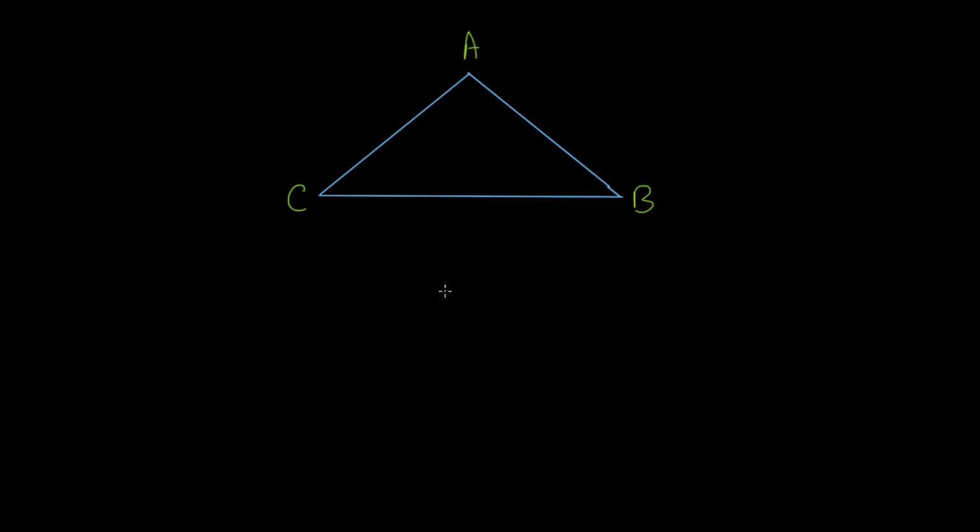Since this is the angle A, the side opposite should also be side A. Since this is angle B, the side opposite should also be side B. Since this is angle C, the side opposite should be side C. So I think you get the point. We should have the angle and its opposite side labeled with the same letter.